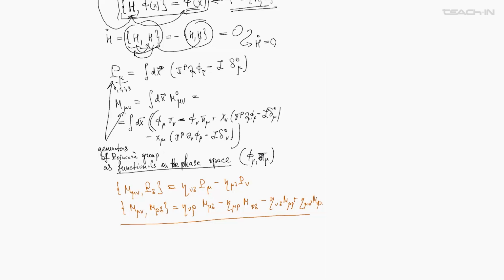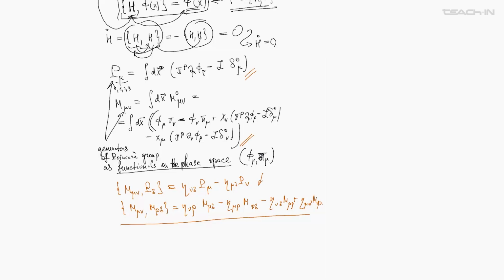So once again, all you need to do is take these explicit expressions for Poincaré generators as functionals of these fields and canonical momenta of these fields, use the fundamental Poisson relations between fields and momenta, and then you should obtain these relations here. Okay, any questions here?